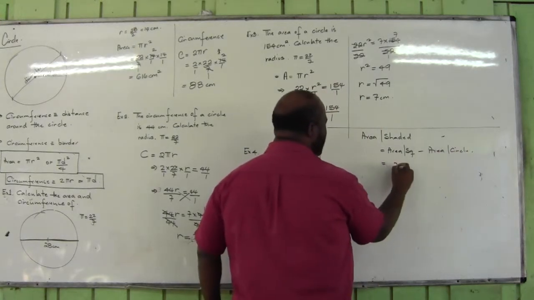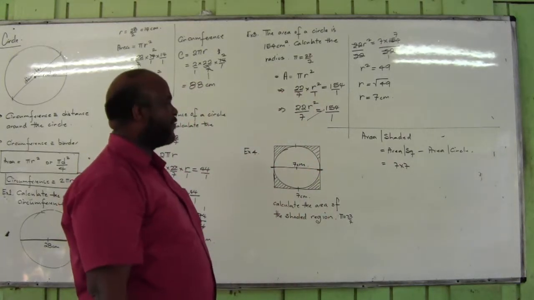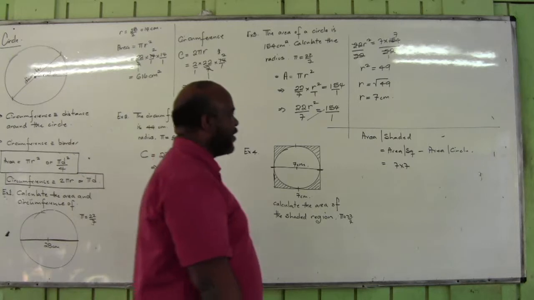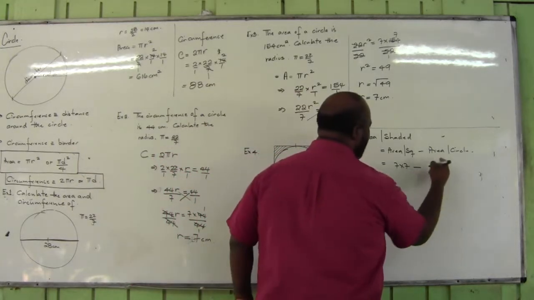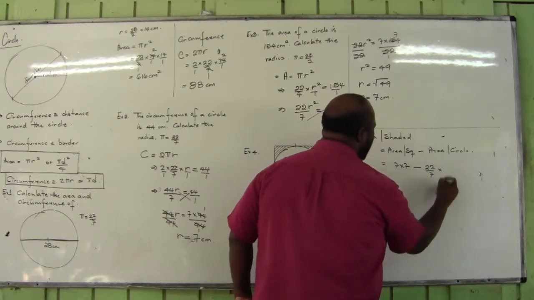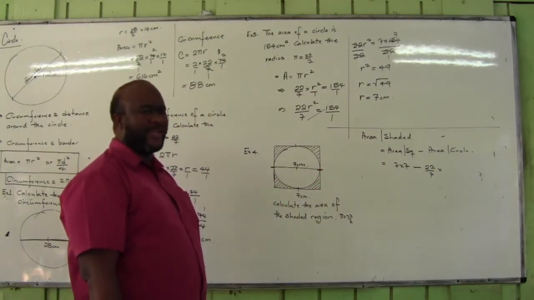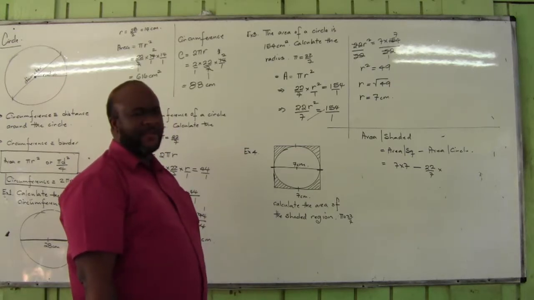The area of the square is 7 times 7, you agree? 7 times 7, length times length. Minus the area of the circle, which is pi, 22 over 7, times radius. What is the radius of the circle? A half of 7, which is 3.5.